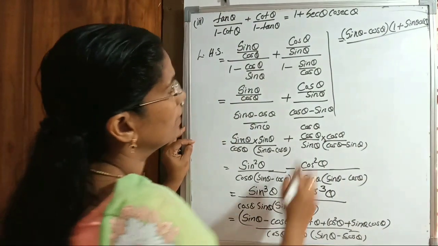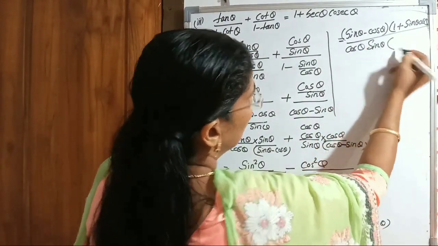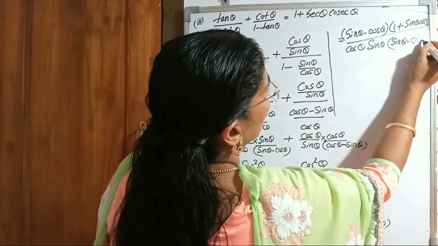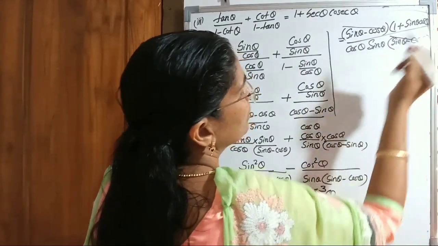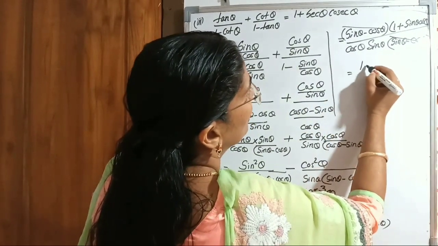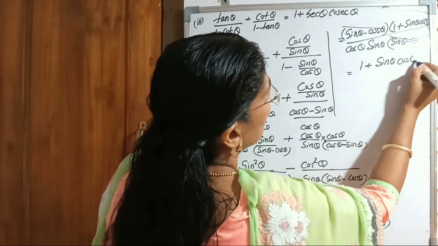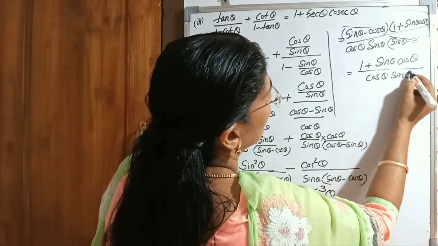Whole divided by cos theta sin theta in bracket sin theta minus cos theta. Okay, now sin theta minus cos theta we can cancel in both. So the numerator becomes 1 plus sin theta cos theta, whole divided by cos theta sin theta.